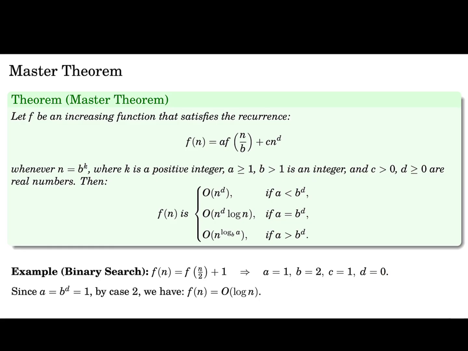If you replace all of these, you get case 2, because a equals 1 is equal to b to the power of d, which is 1. And in this case d is equal to 0, so n to the d is just 1. So you get just order of log n, which is what we got when we analyzed binary search.